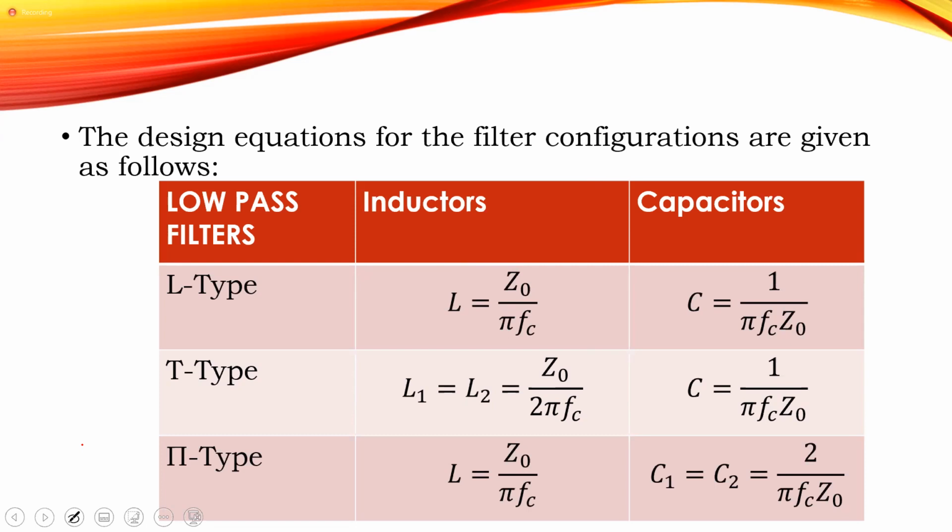And of course, Z0, we had said it before, that would be your characteristic impedance.